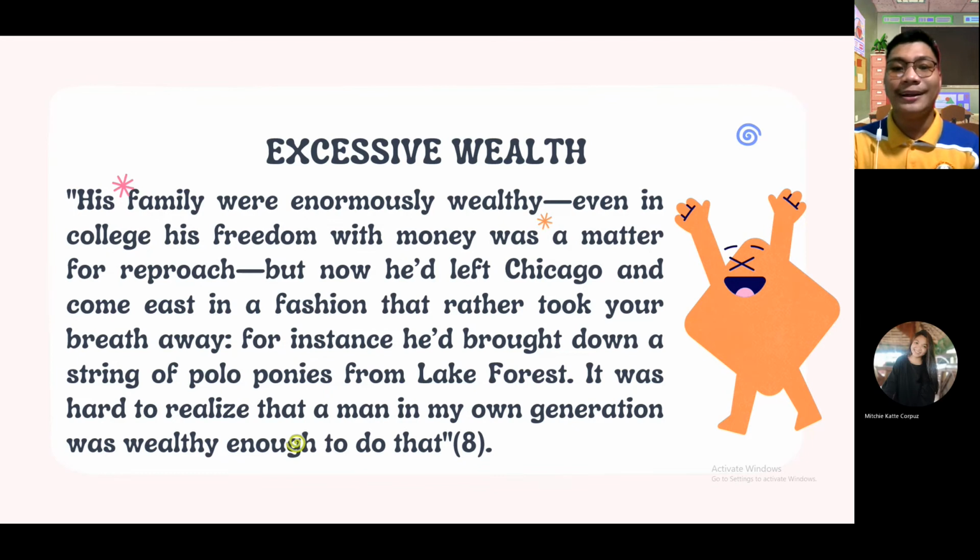It was hard to realize that a man in my own generation was wealthy enough to do that." This line shows that Tom, who inherited his money, was living a lavish life during that time, and this reinforces the fact that there was excessive wealth during that time.